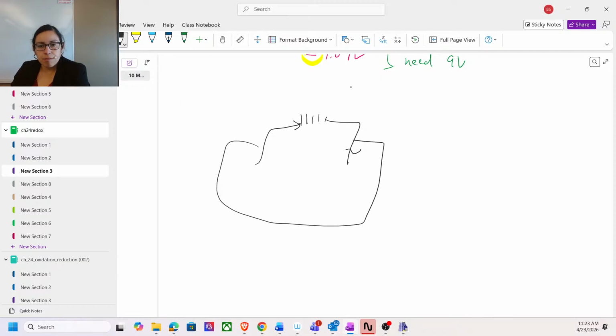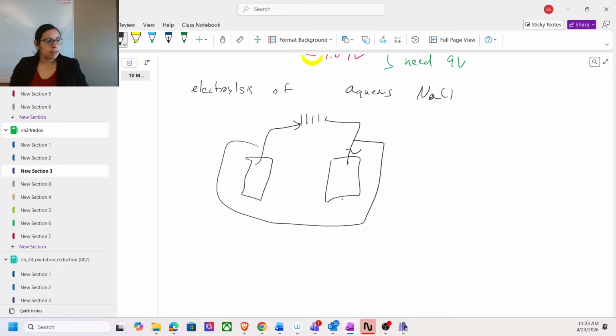So this time we're going to be aqueous, so electrolysis of aqueous sodium chloride. And this is your lab setup.